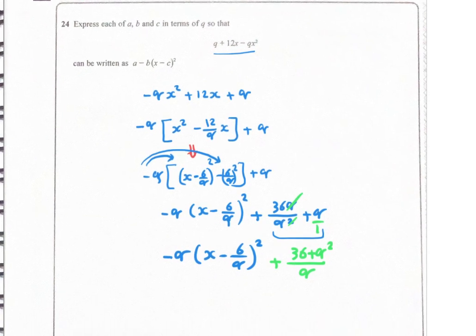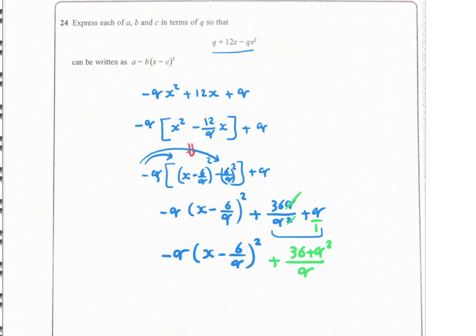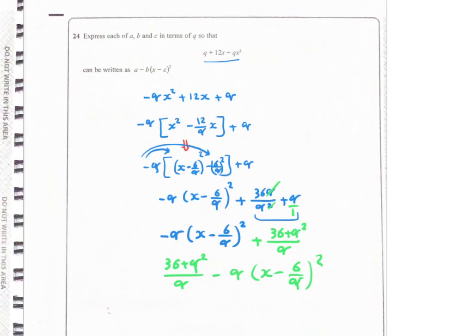We can rewrite as 36 plus q squared over q minus q into x minus 6 over q all squared. So A equals 36 plus q squared over q, and B equals q, and C equals 6 over q.